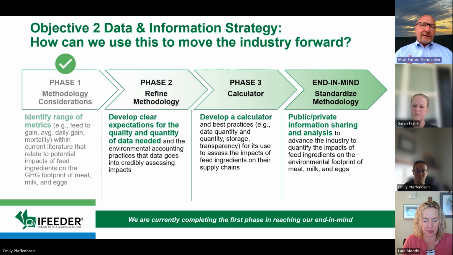And then the second phase that we're dealing with, Objective 2, sets you up for the next phase of work that can go to the environmental impacts that can be research-based and that you can have scientific grounding on towards the accounting of the impact of feed ingredients on the footprint of the animal food system. Thank you.